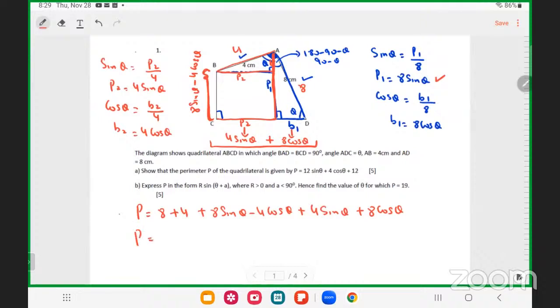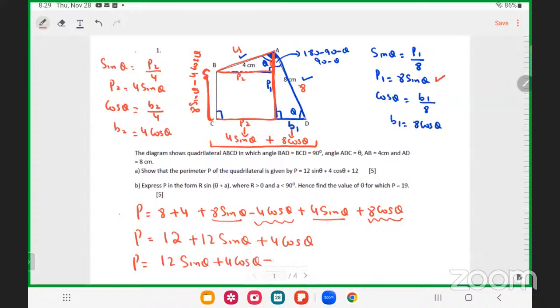So P is 8 plus 4, that is 12. 8 sine theta plus 4 sine theta is 12 sine theta. 8 cos theta plus 4 cos theta is 12 cos theta. So we had to prove that the perimeter is 12 sine theta plus 4 cos theta plus 12, and this is proved.